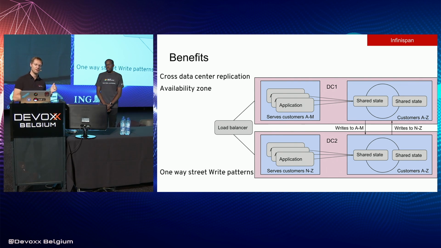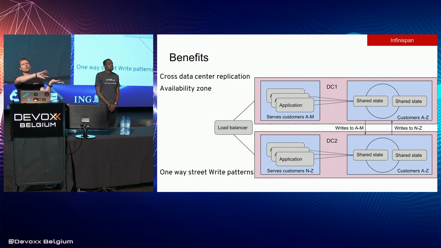But a very interesting pattern that I just recently named the one-way street write pattern is to think about those solutions where you shard the load across different areas and say, okay, I'll do some sort of affinity. All of the users A to M are going to go to data center number 1, which means all of the operations and the state for that specific user will be there. And I will have much less problem with eventual consistency and asynchronous replication and things like that.